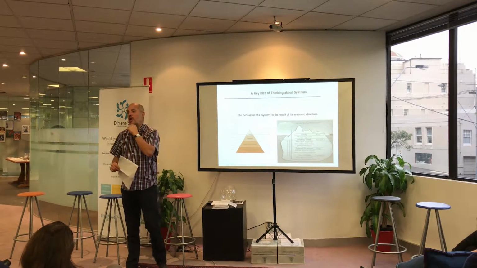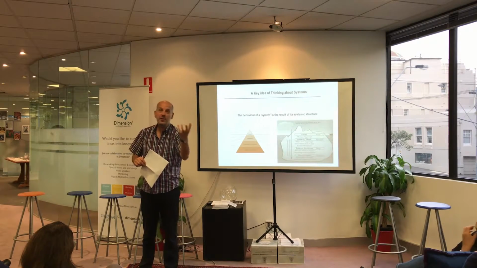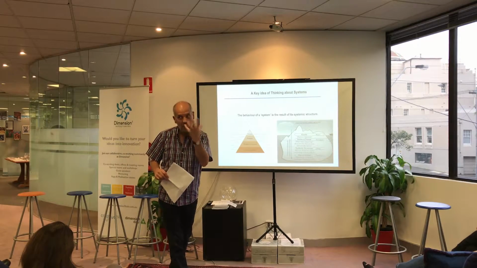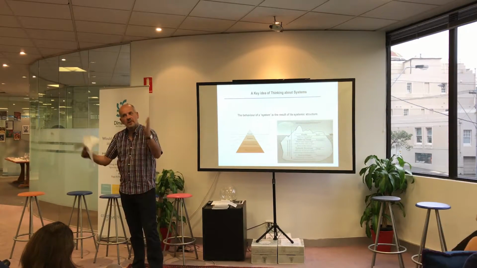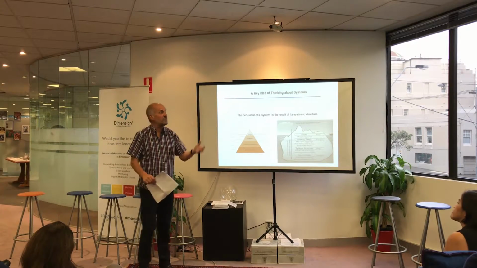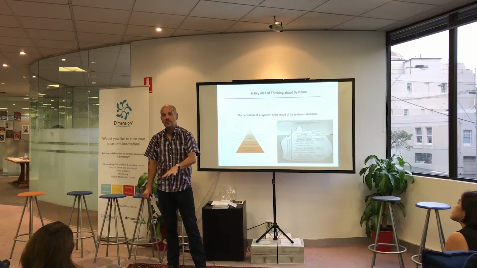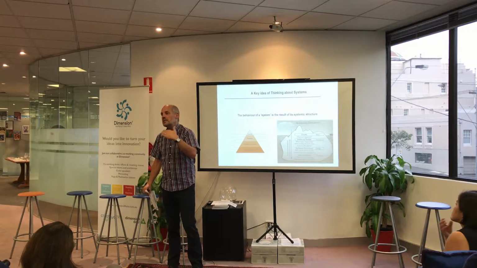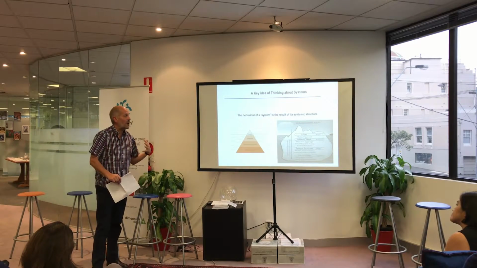The metaphor of the iceberg is that we tend to only notice the top of an iceberg. If you go into your favourite search engine or Wikipedia, depending on the salinity of the ocean, the temperature, a whole range of things, anywhere between 70 and 90% of an iceberg is below the surface. What we're trying to do in systems thinking is to get below the surface, to see things that are otherwise hidden.